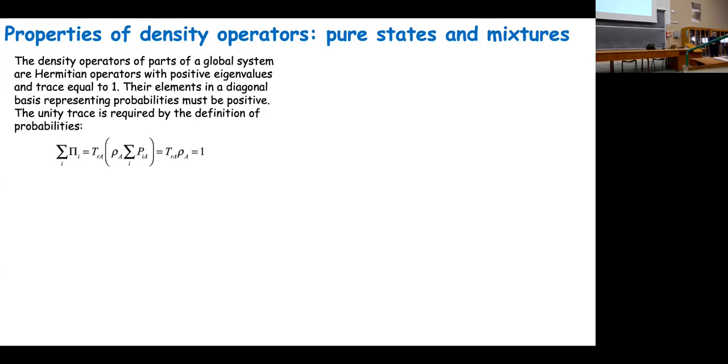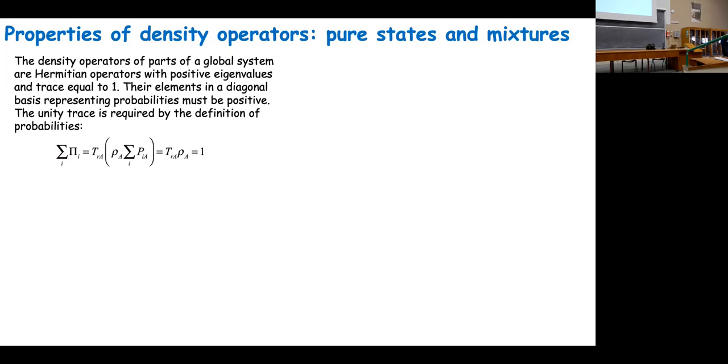So we have now an operator, and we have this formula. If you sum over all possible results, all the I results, of course, you have to compute the trace of rho times the sum over all the projectors. The sum over all the projectors is 1. So you have the trace of rho A, and the trace of rho A has to be equal to 1. This just expresses that the probability of all possible results has to be equal to 1.